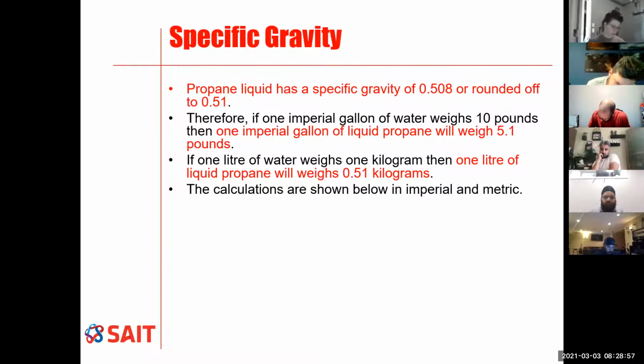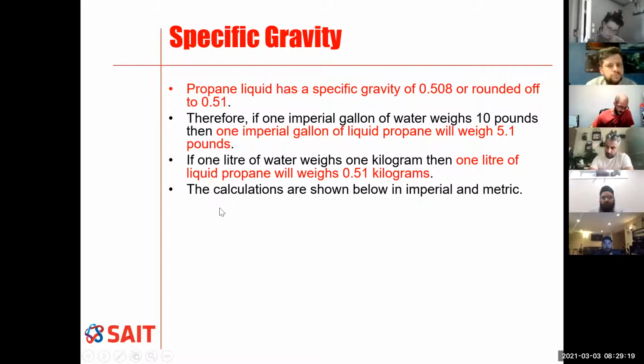Propane liquid has a specific gravity of 0.51. I don't care about the other number there. Therefore, if 1 gallon of water weighs 10 pounds, then 1 gallon of liquid propane would weigh 5.1 pounds.